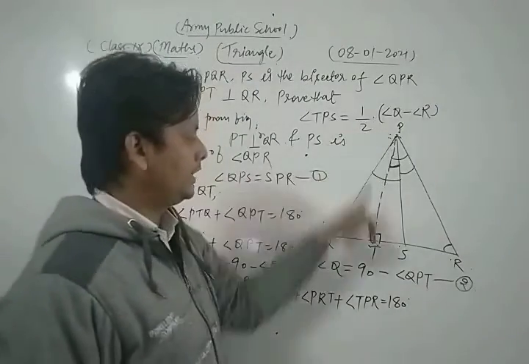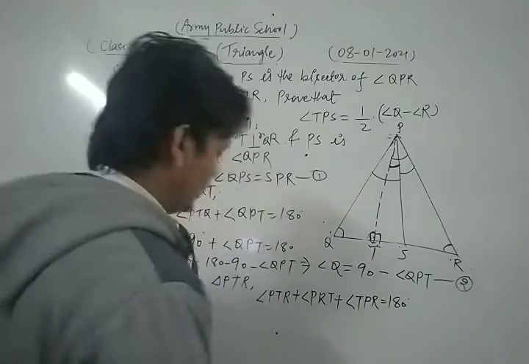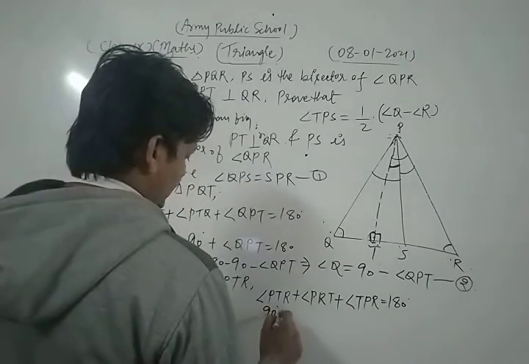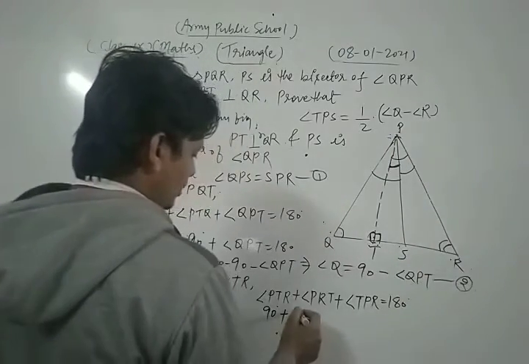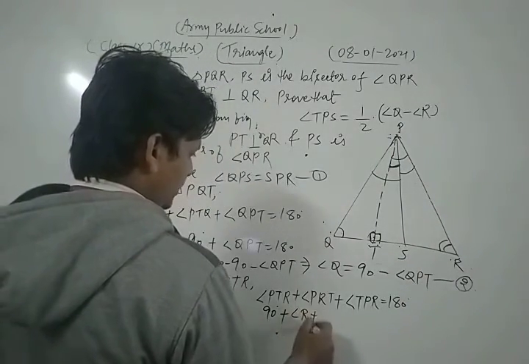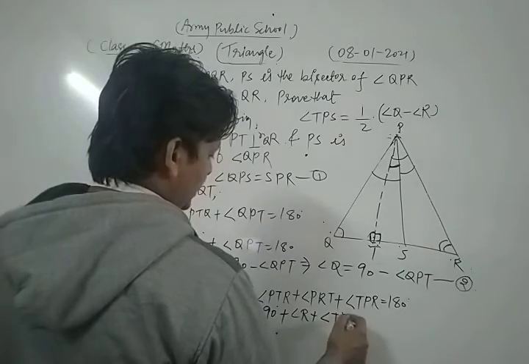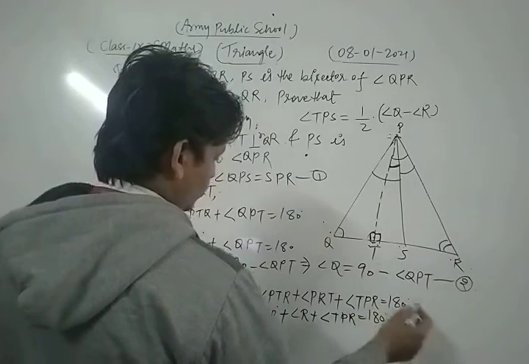Angle PTR is 90 degrees, so we put 90 plus angle PRT. Angle PRT we simply say as angle R. So angle R plus angle TPR is equal to 180.